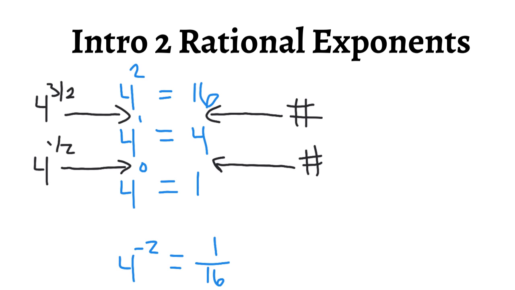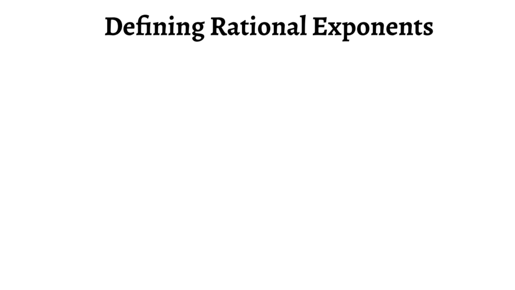All right, let's talk about the technical definition of a rational exponent. A rational exponent can be expressed like this. It's really any value raised to a fraction as an exponent.